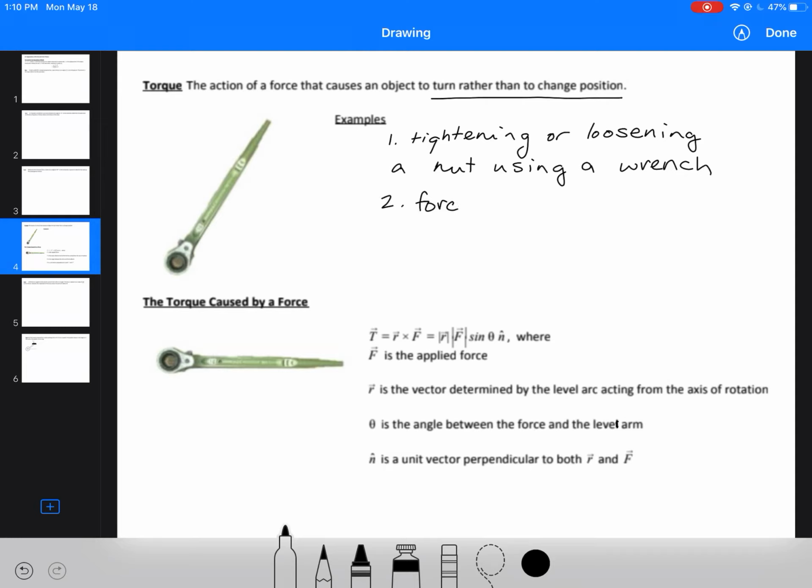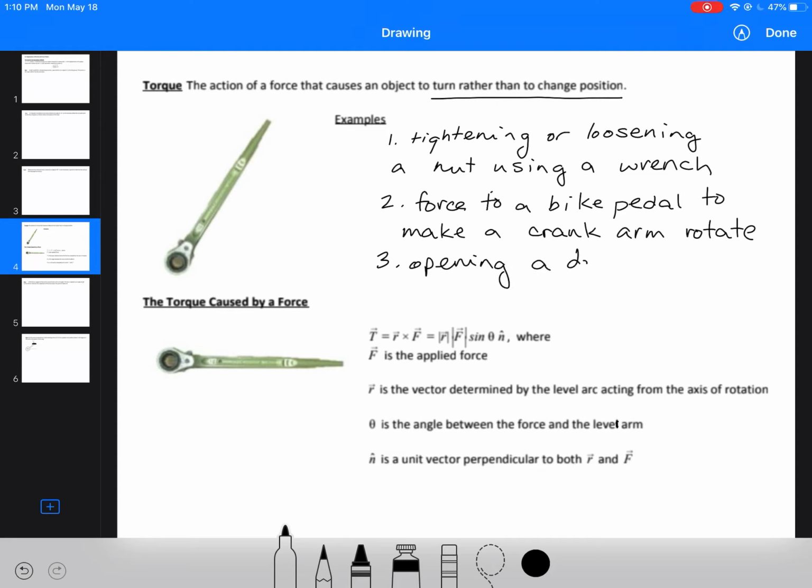You can also see it in the force to a bike pedal to make a crank arm rotate. And then the last example that we'll note here, opening a door by pushing or pulling. And maybe you can think of some more examples of torque in your everyday life.